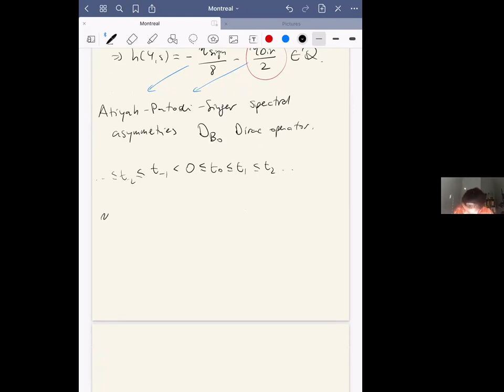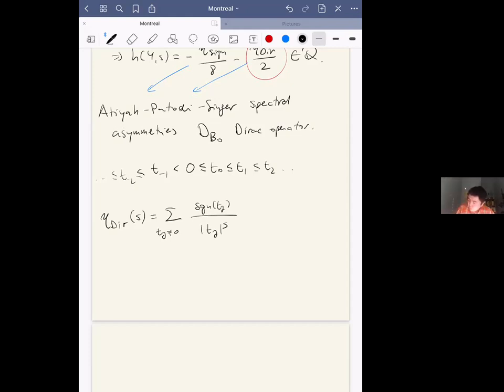What you do is define a function which is the sum over all the non-zero eigenvalues of sign of t_j divided by |t_j| to the s.